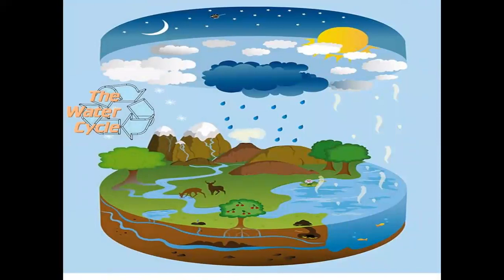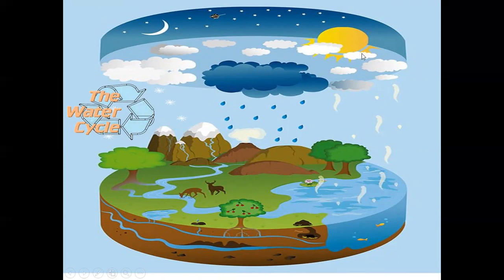Now we come to the water cycle. Students, as you know, water is naturally found in three forms or states: solid, liquid and gas. Water can easily change from one form to another.